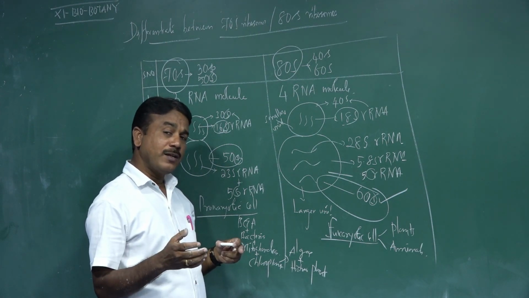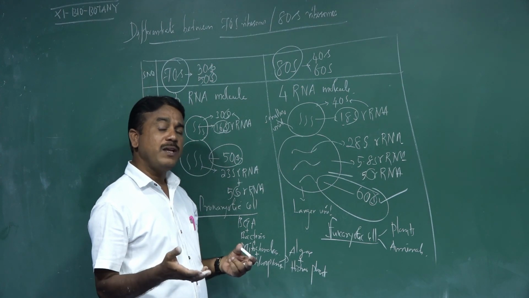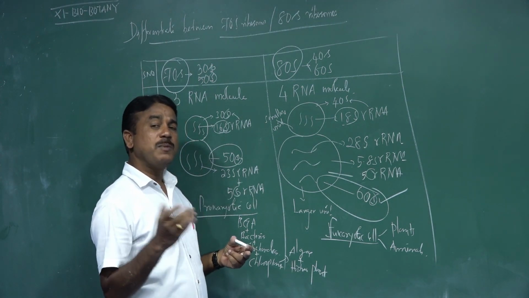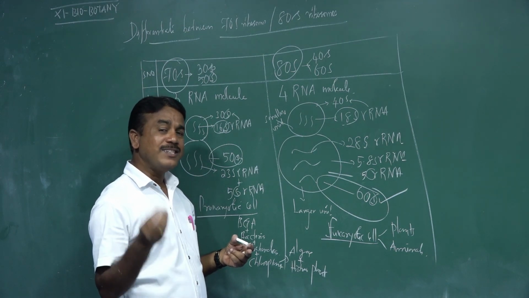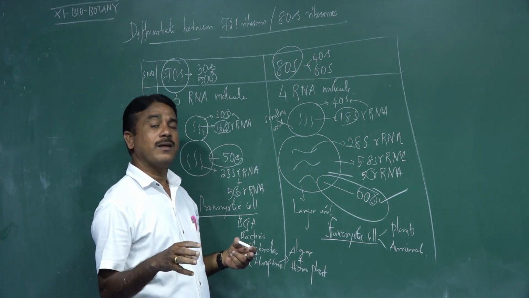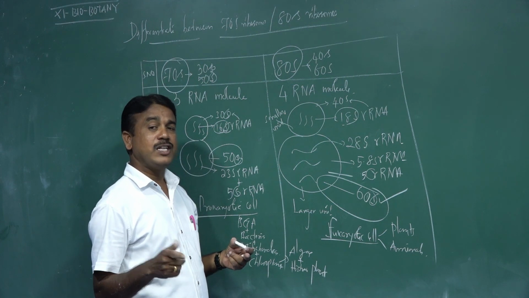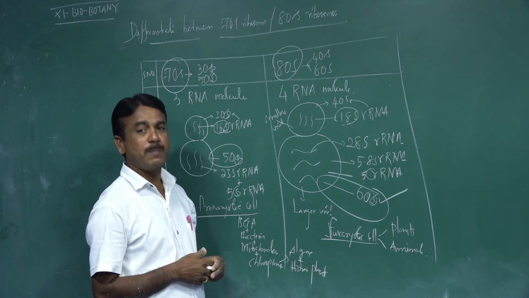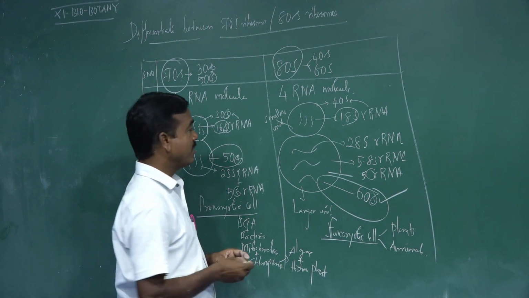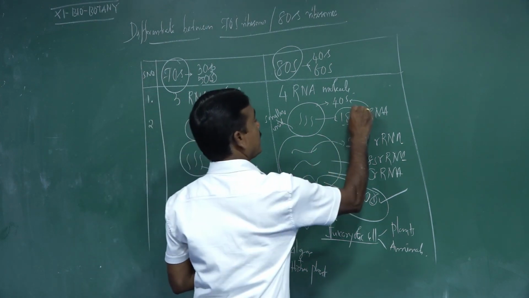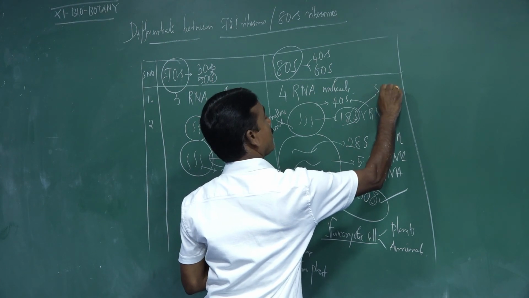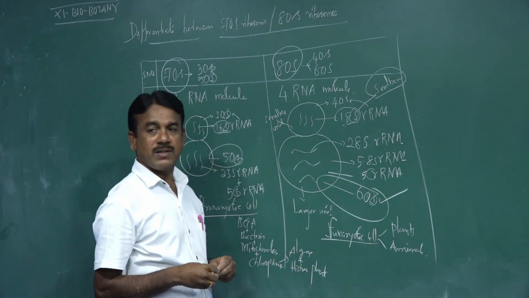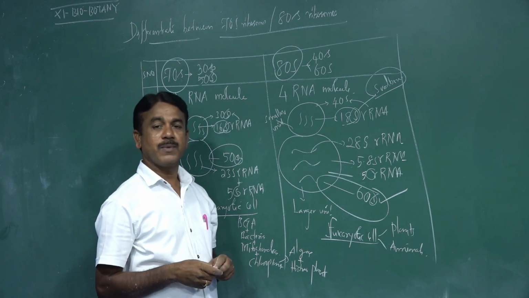That is why in 1929 he was given the Nobel Prize. So S stands for Svedberg units. Thank you.